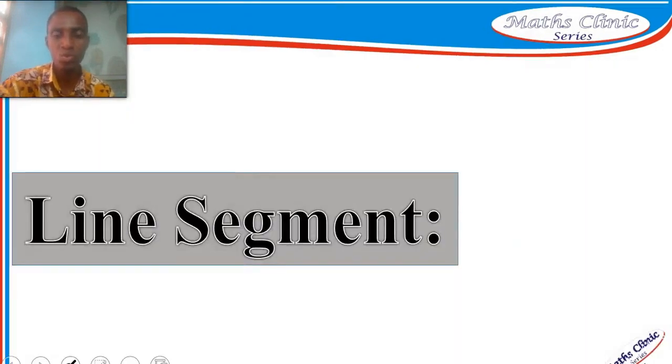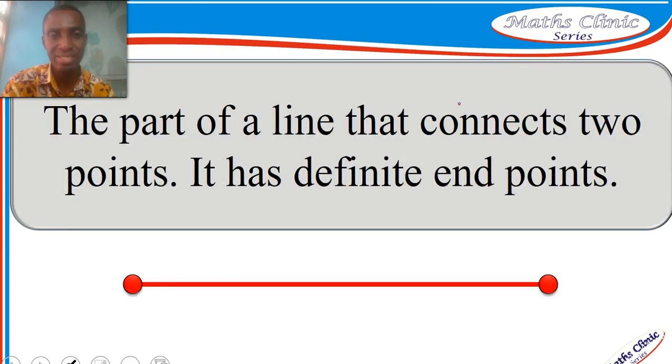So the next word to understand is line segment. I told you I'm going to explain what a line segment is, or, if I draw this, what is the meaning of this? If it is straight, now it's scared because I used my hand to draw it. If it is straight, will we call it a line? Rather, call it a line segment. And so we see a line segment is the part of a line that connects 2 points.